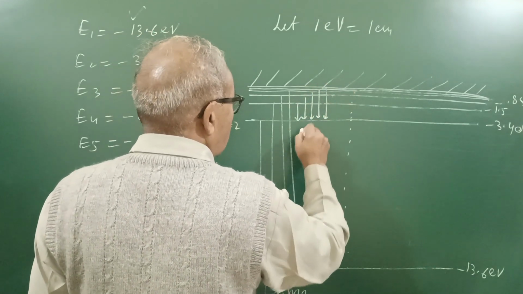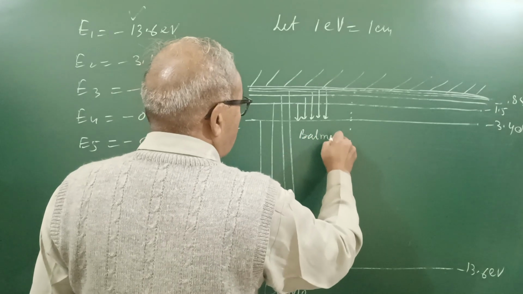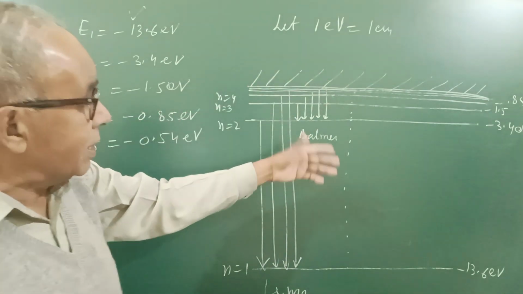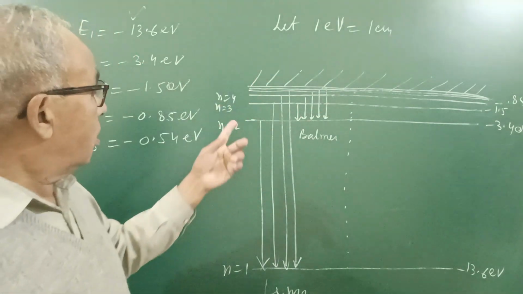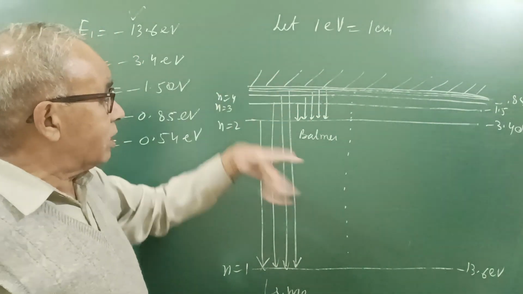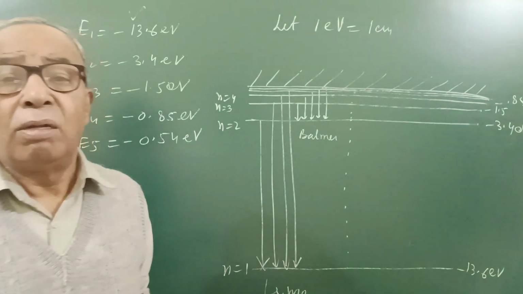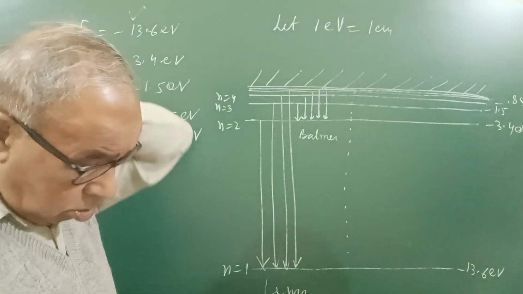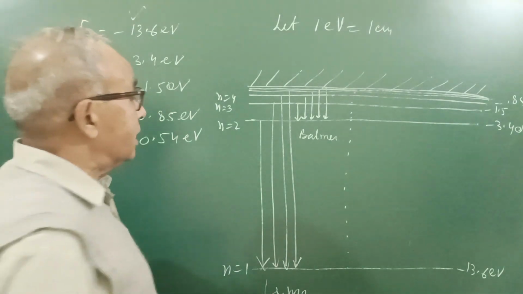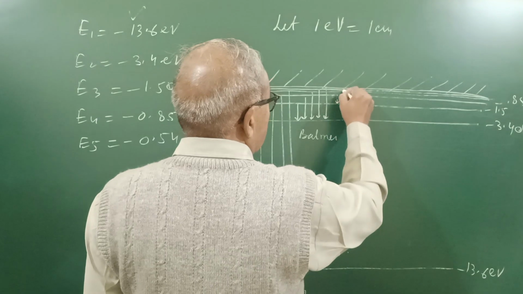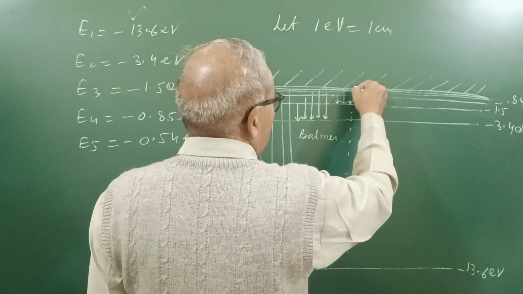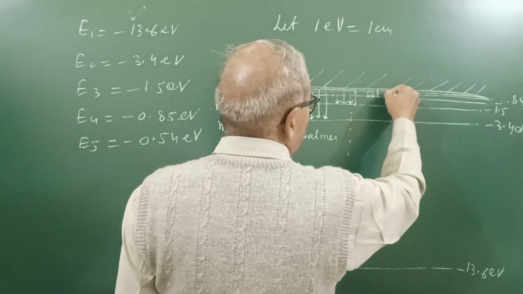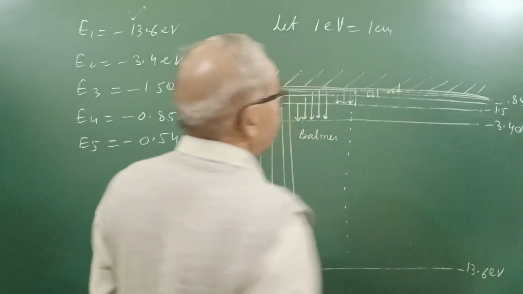Going of electron from higher energy to lower energy from n equal to 3, 4, 5, 6 will give the wavelengths of Balmer, Paschen, Brackett, and then Pfund, and so on.